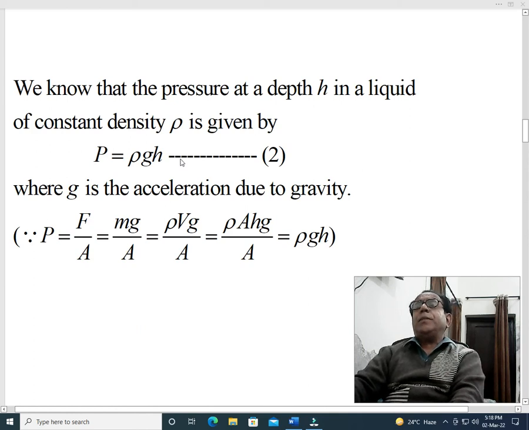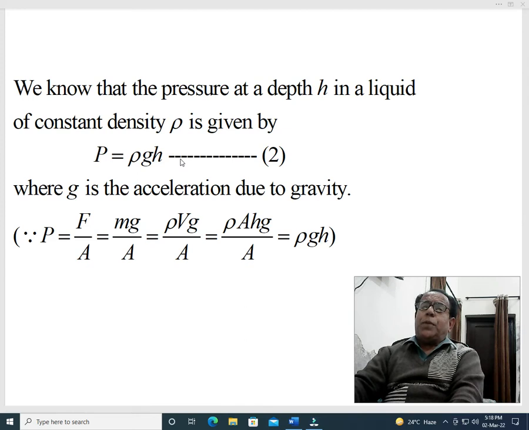Now we come towards the next portion of our solution.